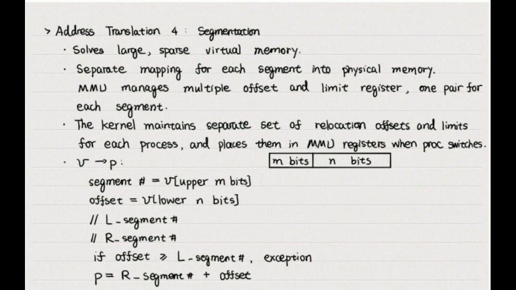The virtual address is divided into 2 parts. The upper n bits are used for the segment number, and the lower n bits are used for the offset. L_segment number is the limit register of the segment.